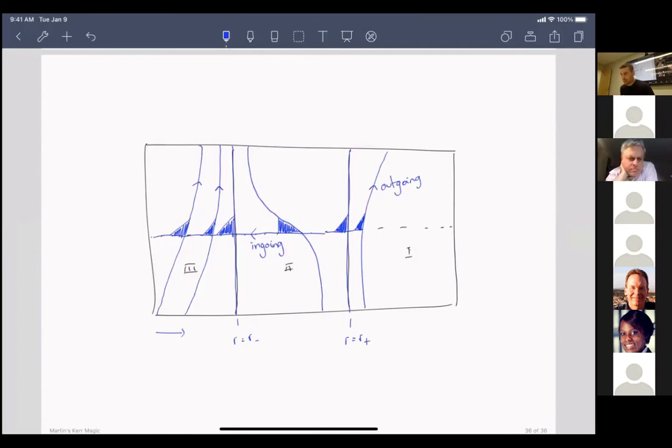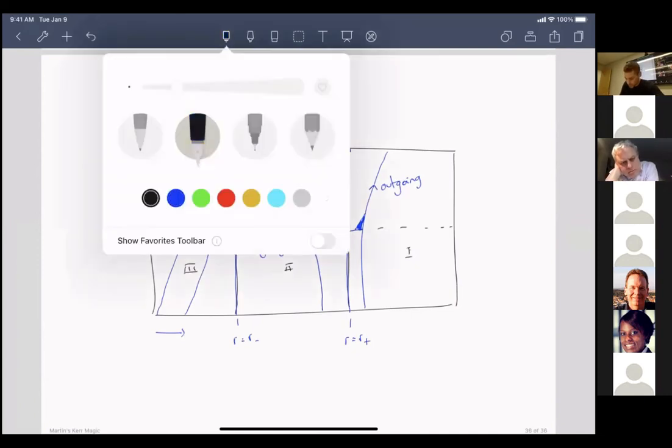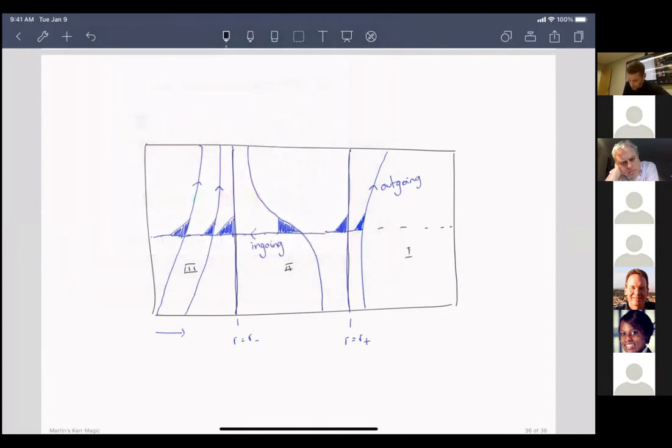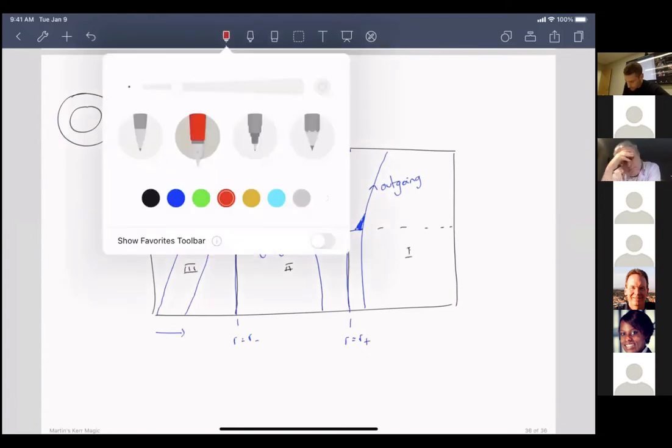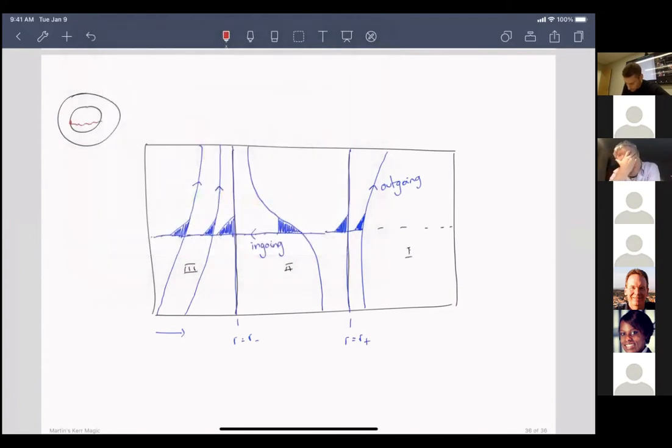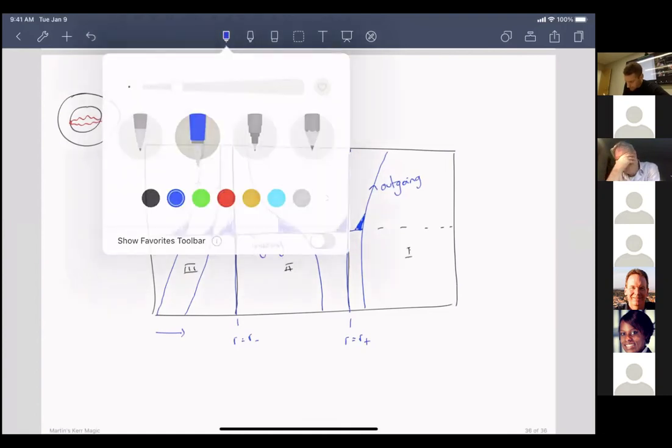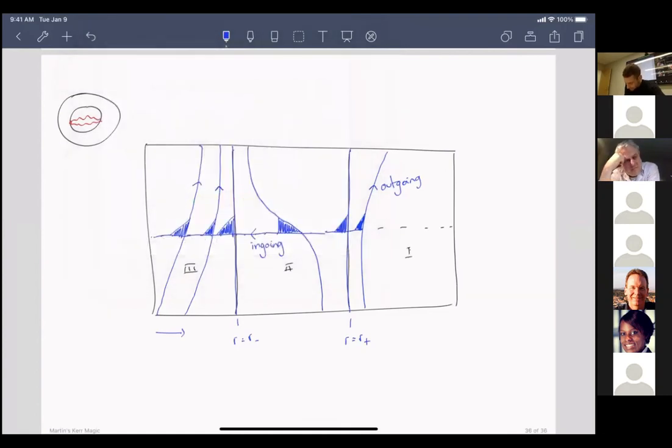and I send null geodesics which are outgoing. So remember, in the picture that we've been drawing throughout the mini series, we have something like this, right? And we have the ring, etc. What I'm drawing here is a null geodesic that's arbitrarily close to r equals r minus.